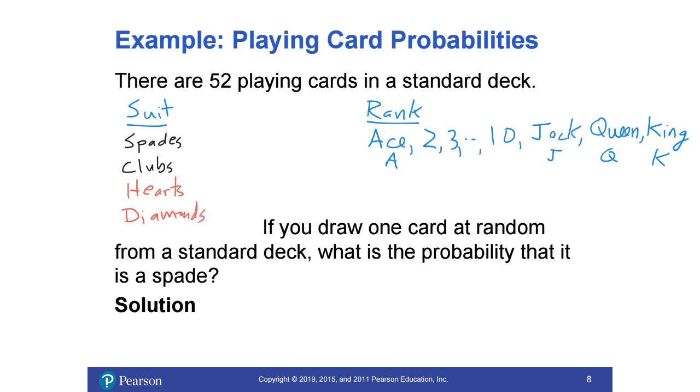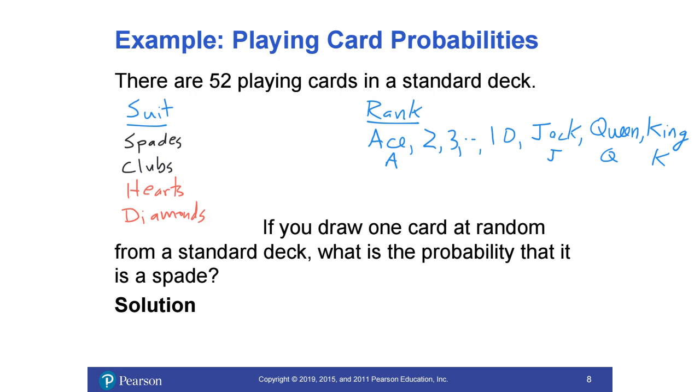Okay, so what I'm saying is since there are ace through king, there are 13 ranks times 4 suits gives you 52 cards. So there's the ace of spades, 2 of spades, 3 of spades, so on. So there are going to be 13 total spades, 13 clubs, 13 hearts, 13 diamonds, which also means there are going to be 26 black cards and 26 red cards.